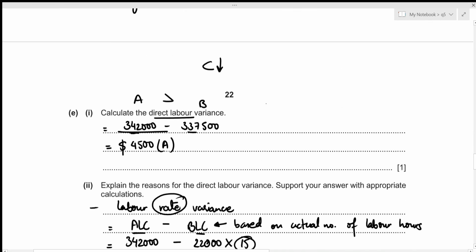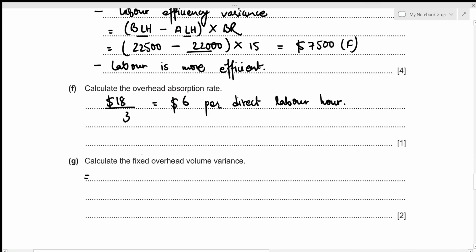So our formula now is just going to be the budgeted number of units minus the actual number of units. And since we are talking about fixed overhead, our fixed overhead is absorbed by our direct labor hour, right? So we just need to multiply it with the direct labor hour per unit. And then we have to multiply our overhead absorption rate.